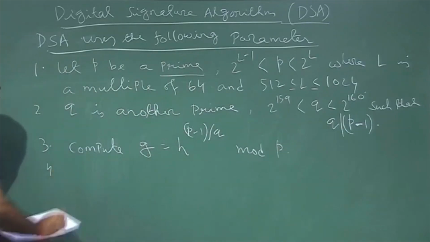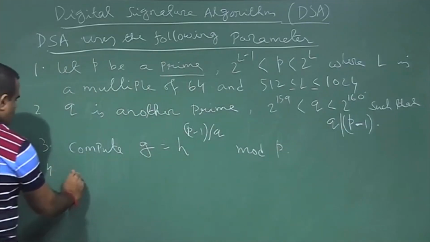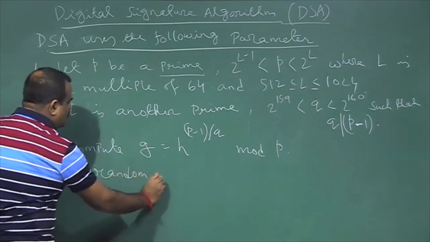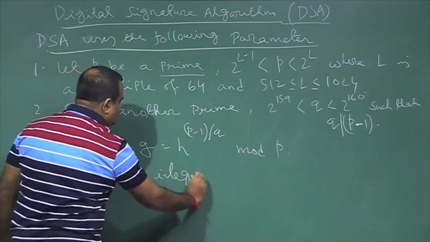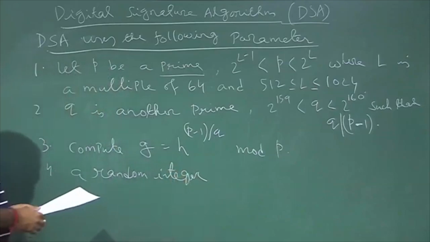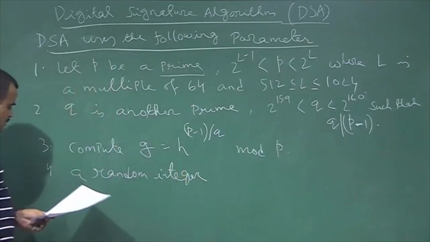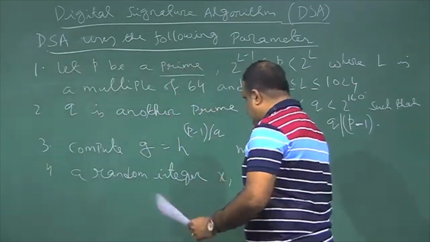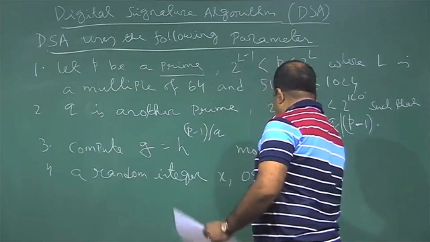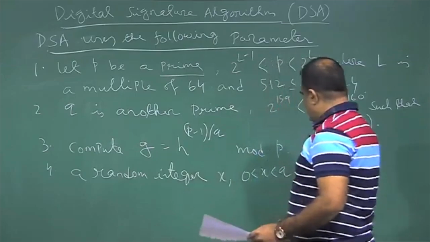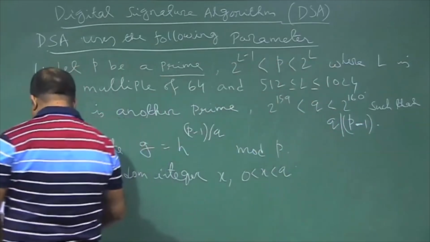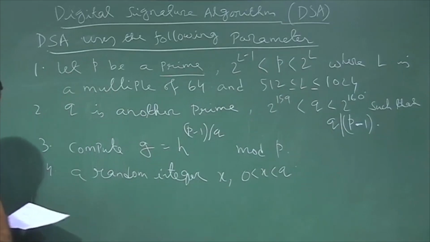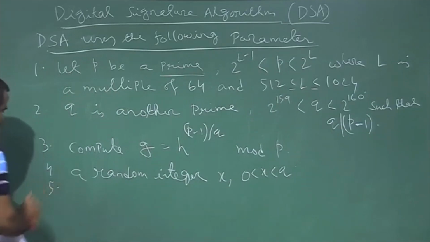Now we choose a random integer. These are all key generation parameters, standard parameters for this standard. The random integer x is such that 0 is less than x is less than q. x will be the private key for the individual, and y will be the public key for each individual.